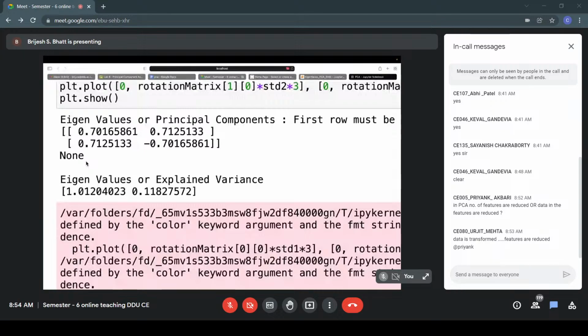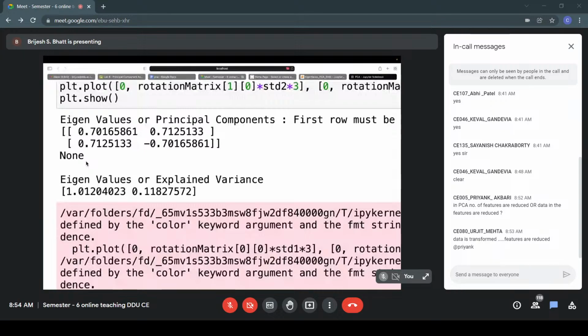Along this vector, the variance is higher. And for the second eigenvalue, 0.11, the corresponding eigenvector or principal component is 0.712 and 0.701, and the variance is lower.